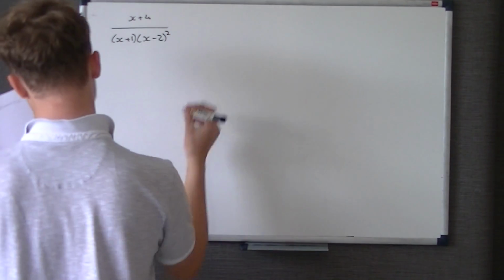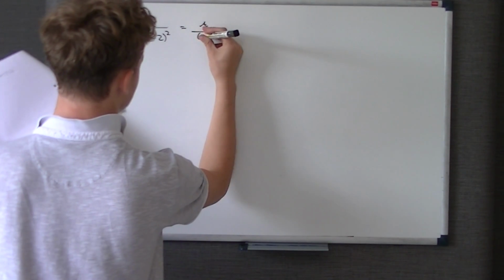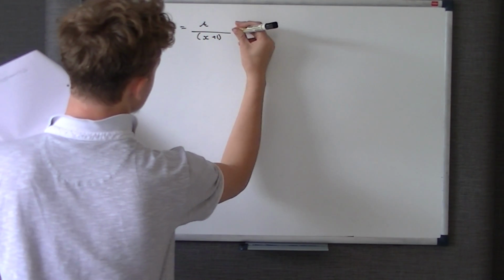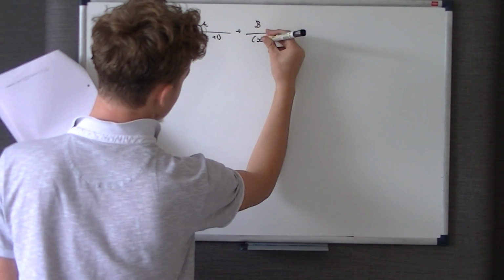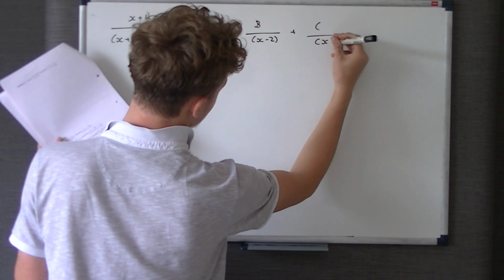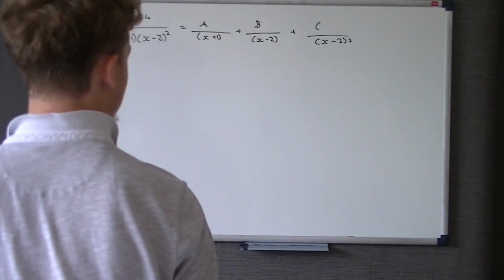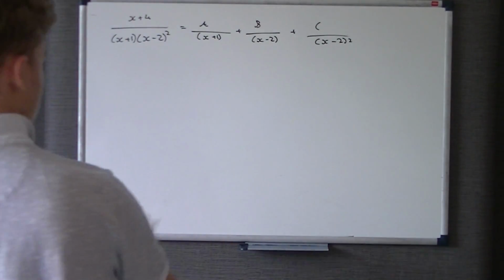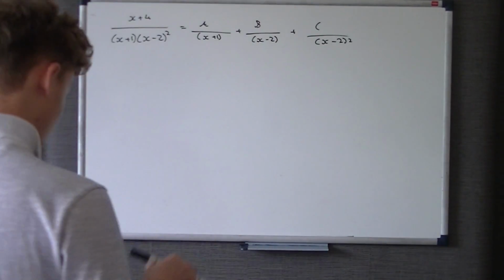And it says put that in a form where it equals a over x plus 1 plus b over x take 2 plus c over x take 2 squared. It's quite nice of him to give you that. So that's what we've got to put it in this form, and we're going to try and find what a, b and c are.